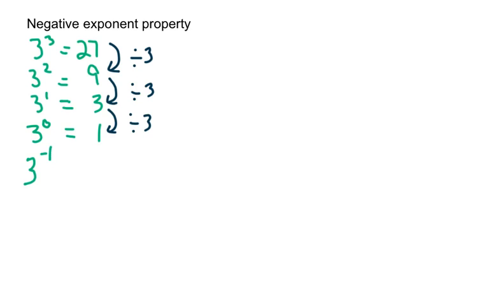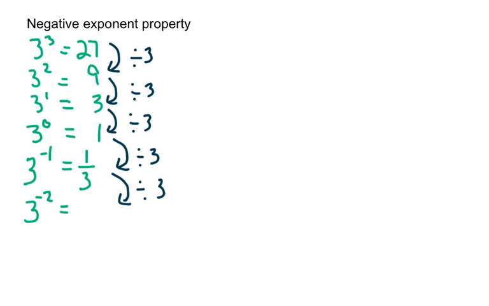3 to the negative 1 means we're going to take that 1 up above and divide it by 3, and we're going to write that as a fraction, 1/3. If we continue this pattern, 3 to the negative 2, we're going to take 1/3 and divide it by 3.